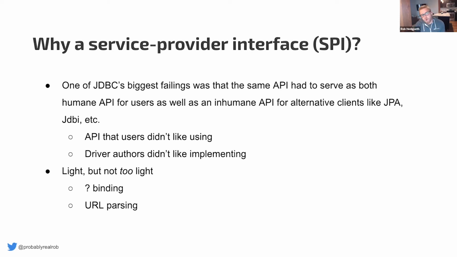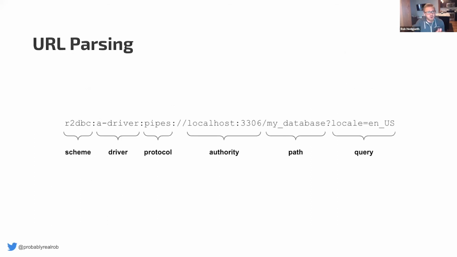But the takeaway here is that the SPI is supposed to provide a light user experience, and it deals with things such as special characters, question mark binding, and URL parsing, which has to be done individually on each driver. First things first, URL parsing is done specifically inside of the SPI for R2DBC.